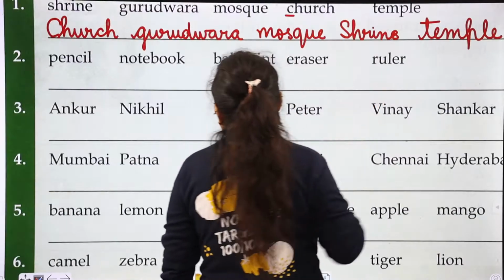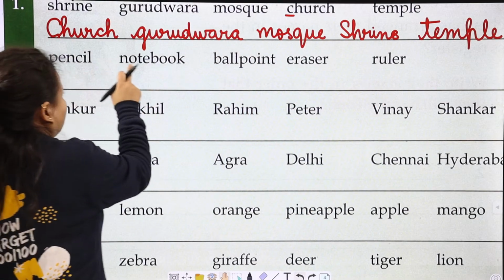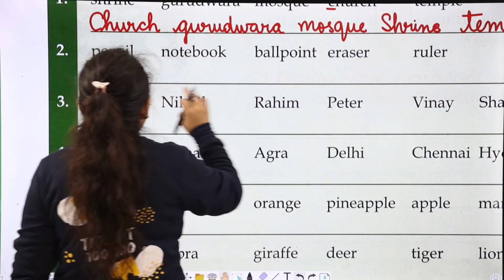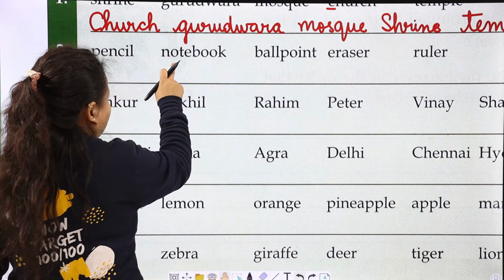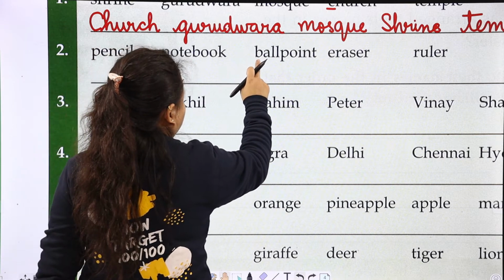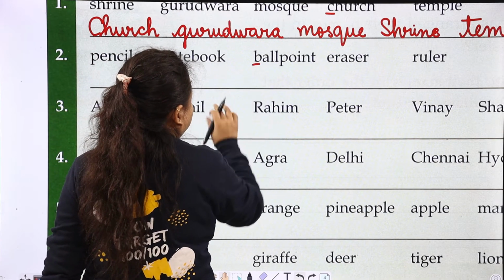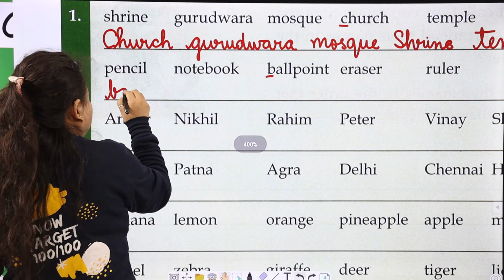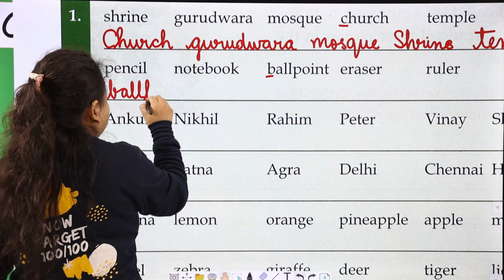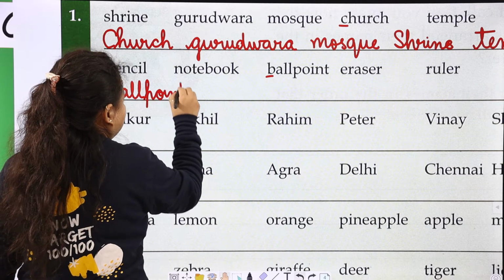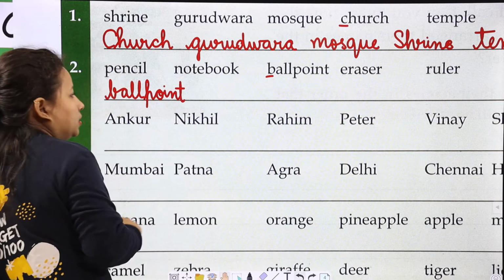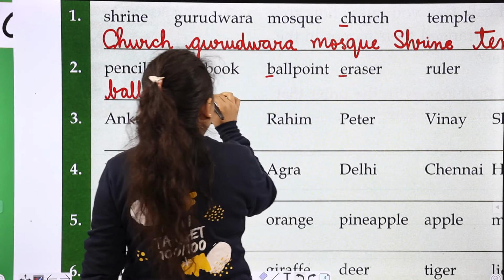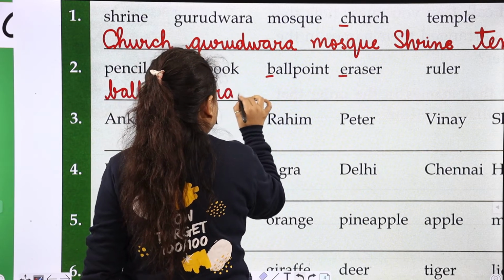Okay. Now next is pencil, notebook, ballpoint, eraser and ruler. So I am going to start with notebook. No. Now the first letter B comes. So ballpoint. After B, C, D, E. So second is eraser.